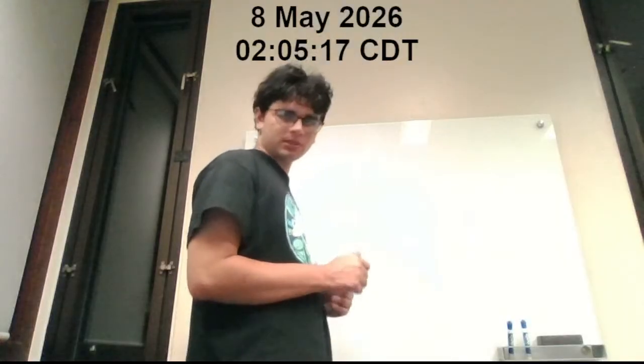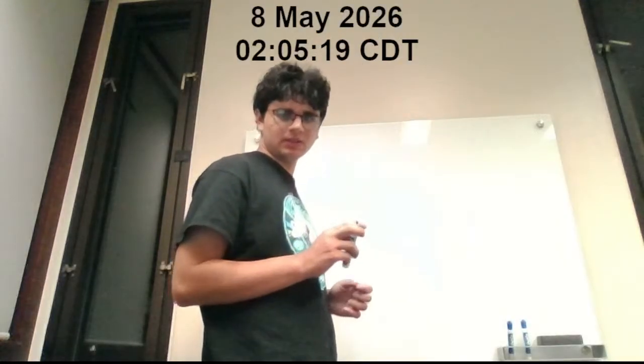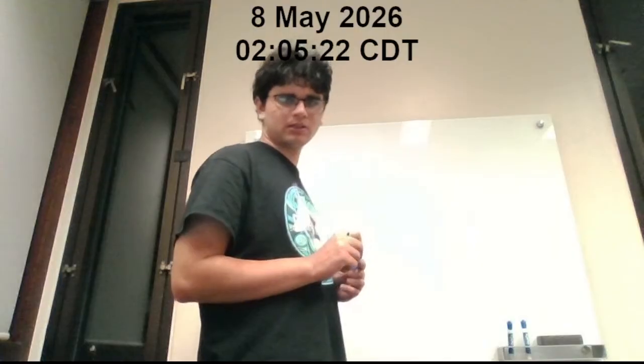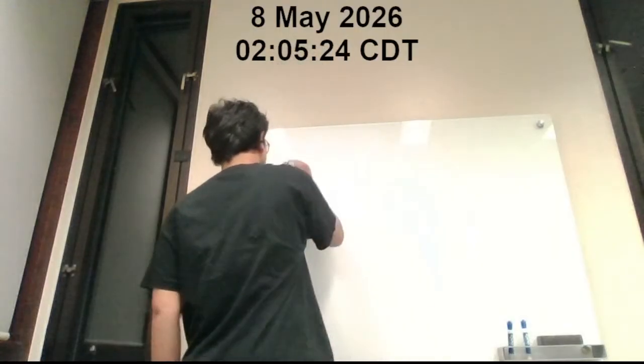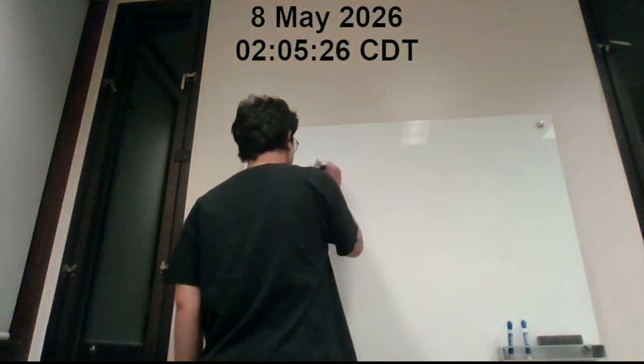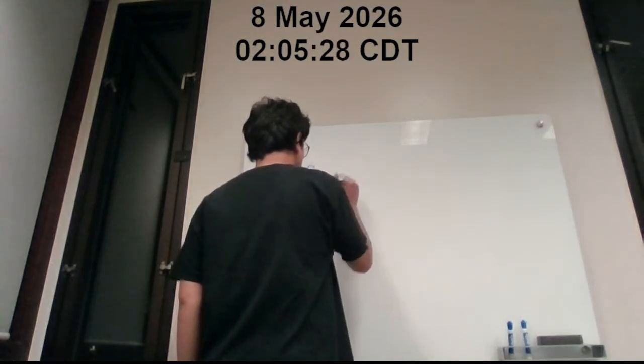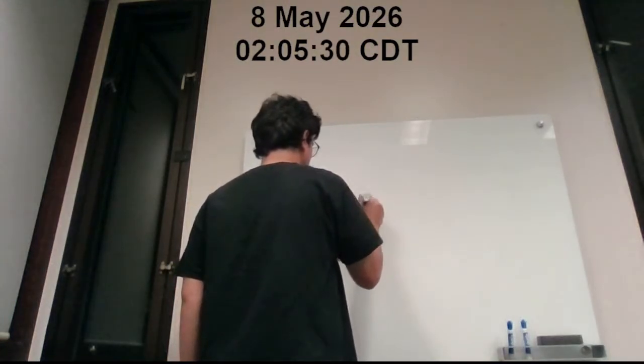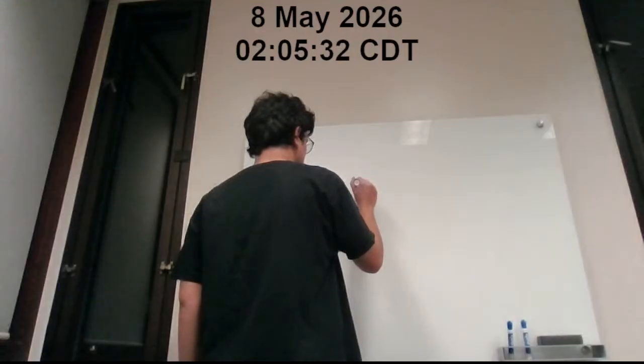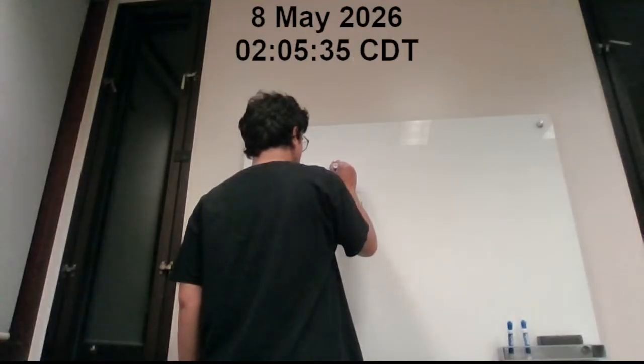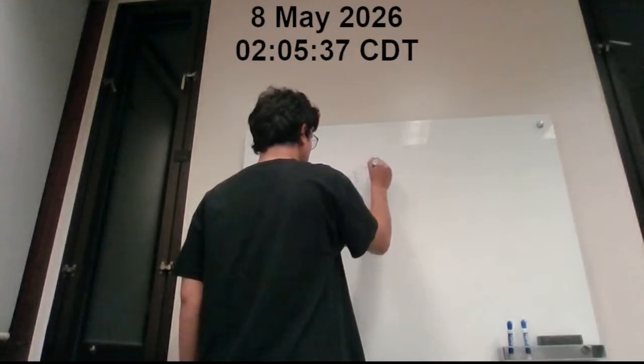So let's say you're row reducing this matrix A, and it equals 1, minus 2, 3, 0, 4, 1, 6, 5, minus 3.